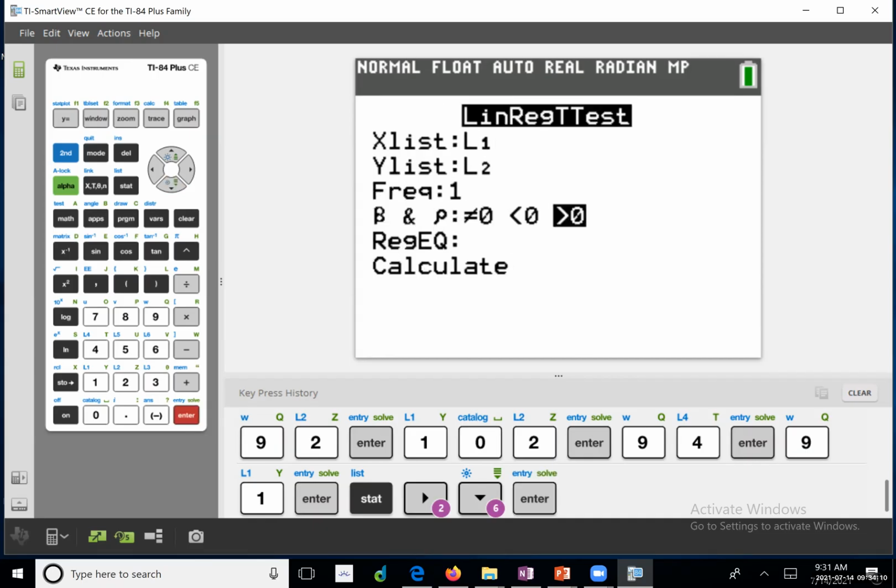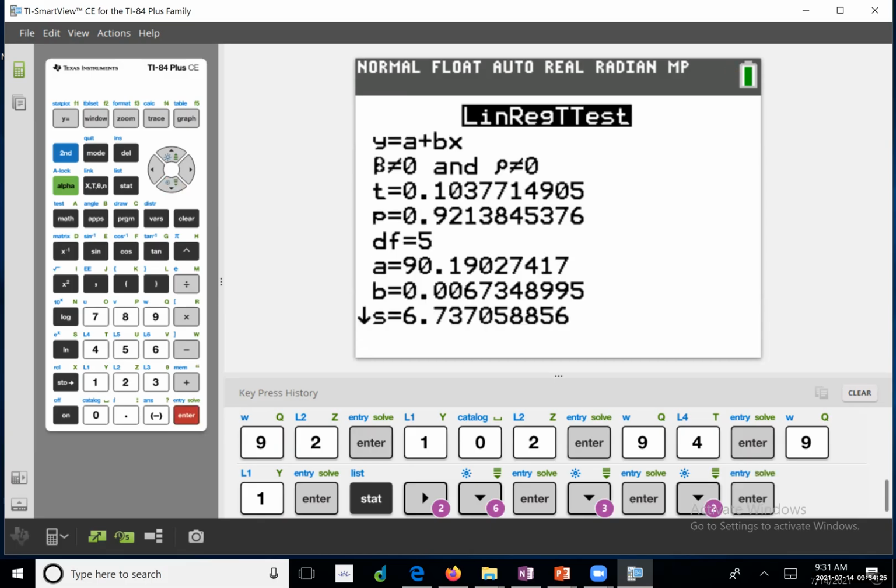See that the things are in L1 and L2, and rho is not equal to 0. So that's what you need to pick. And then you go ahead and calculate, which is gonna give you a and b and p and so forth. But let's go to graphing.